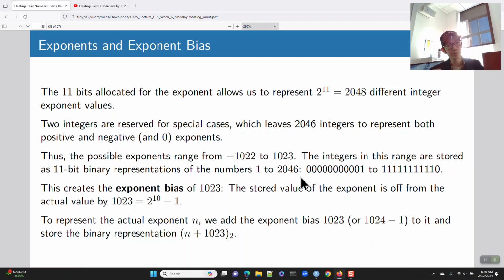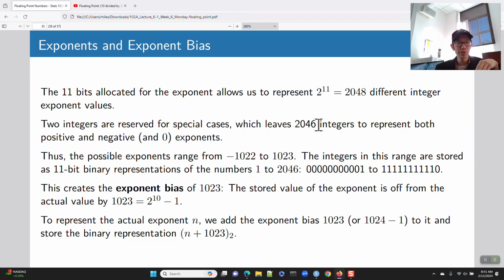We reserve 2 of these for special cases. Okay, all zeros will be a special case, and all ones will be a special case. So that leaves us 2046 unique values to represent both positive and negative exponents along with 0.